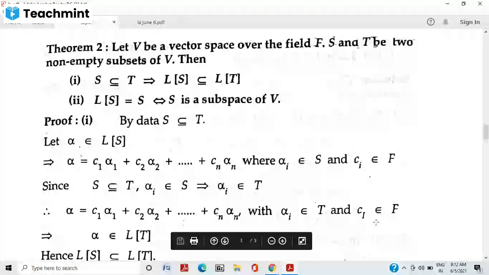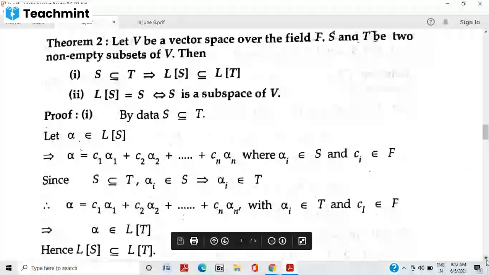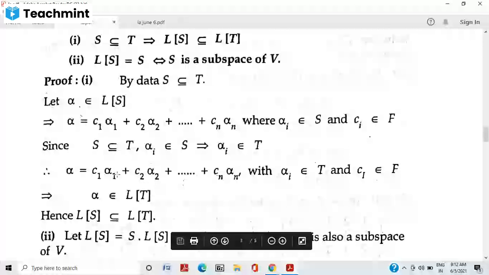Then alpha can be written as a linear combination of the elements in T. What can we say? Alpha is in the linear span of T. We started from alpha belongs to L of S, and we got that alpha belongs to L of T. That means we can say L of S is contained in L of T.